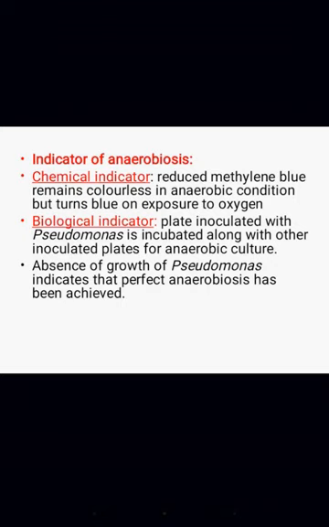Colorless reduced methylene blue means there is perfect anaerobiosis. The second is the biological indicator. In the biological indicator, a plate inoculated with Pseudomonas is incubated along with the other inoculated plates for anaerobic culture. The absence of growth of Pseudomonas indicates that perfect anaerobiosis has been achieved. So these we can use to check whether there is perfect anaerobiosis.